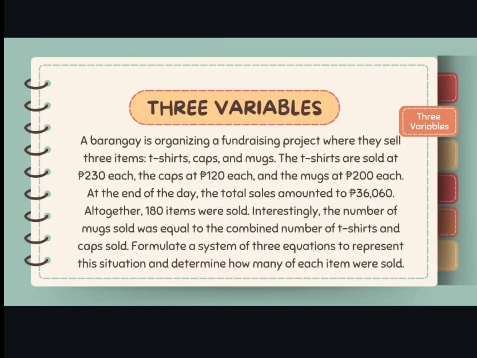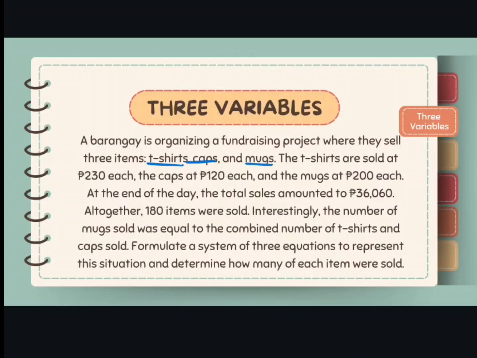Now for the last one, we also have here a word problem involving 3 variables. So a barangay is organizing a fundraising project where they sell 3 items: t-shirts, caps, and mugs. So these are our variables. So we have 3 variables. The t-shirts are sold at 230 pesos each, the caps at 120 each, and the mugs at 200 each.